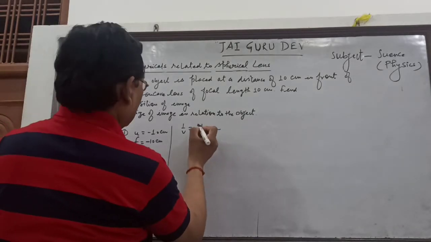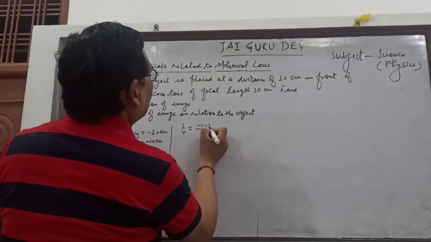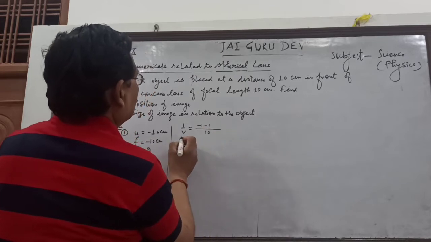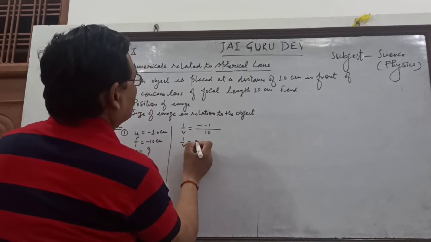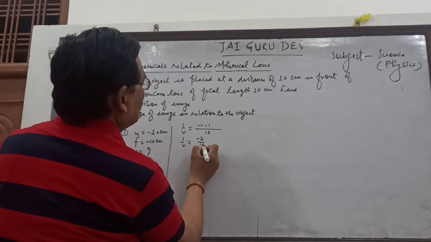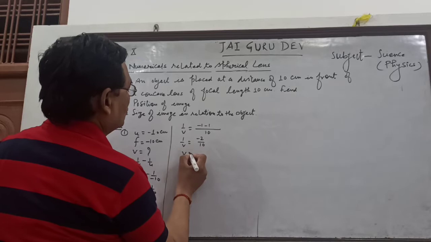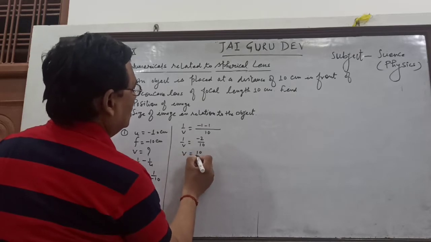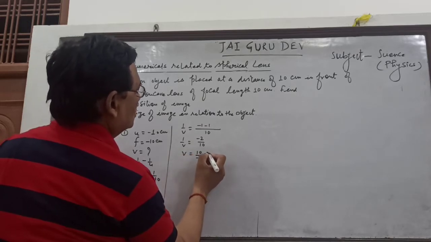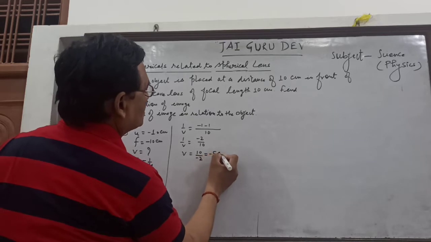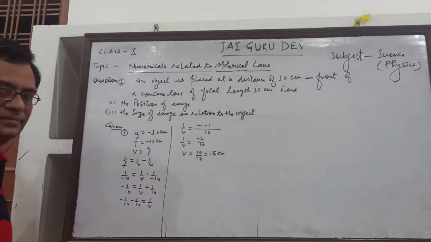So 1 upon v is equal to minus 2 upon 10. Therefore v is equal to minus 5 centimeter.